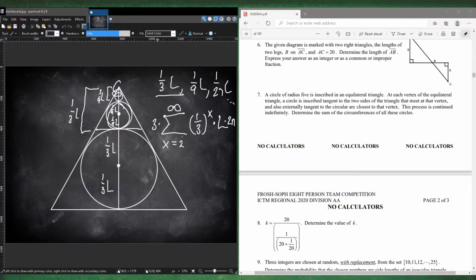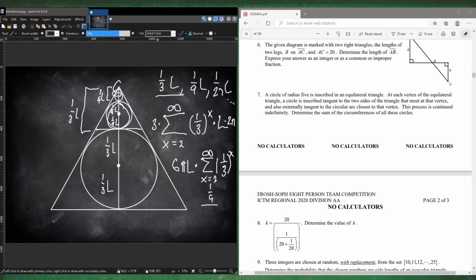Okay, so let's just take away the constants that we have, which is L, 2 pi, and 3. So that's 6 pi L times the summation from x equals 2 to infinity of 1/3 to the power of x. The formula for an infinite geometric series is just the first term over 1 minus the ratio. The first term, at x equals 2, is 1/9.